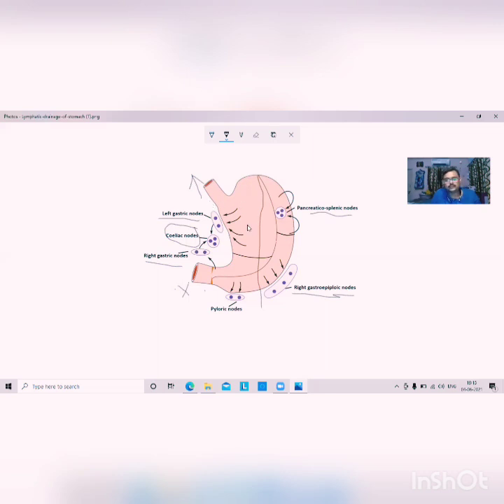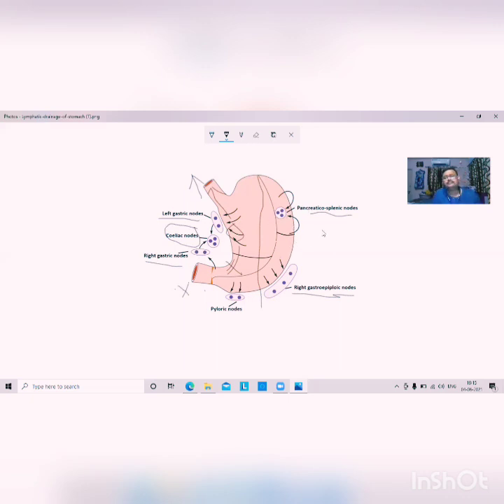And that is why, if there is any carcinoma in the stomach, it will spread towards the esophagus, but it will not spread to the duodenum. So there is a watershed zone present in the lymphatic drainage of the stomach.